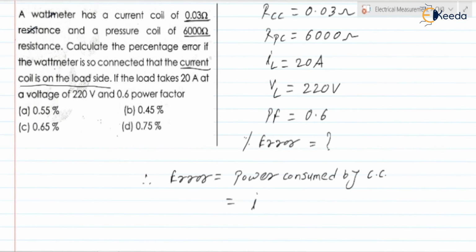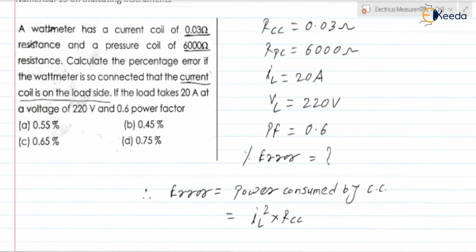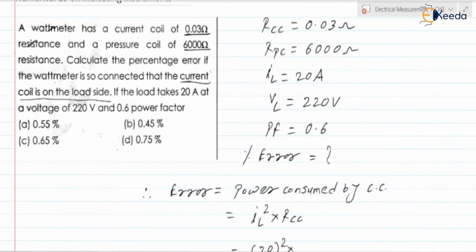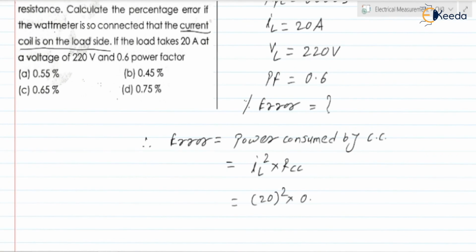It is equal to IL square into RCC. IL is 20, so it is 20 square into RCC, and RCC is 0.03. So it is 12 watt. Error is equal to 12 watt.